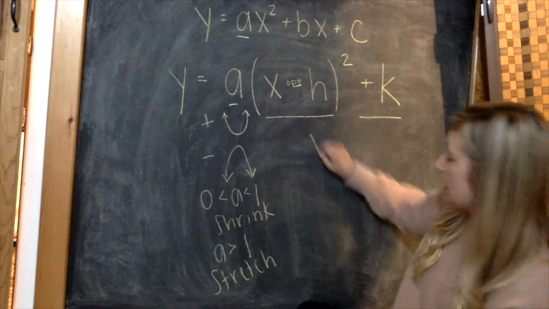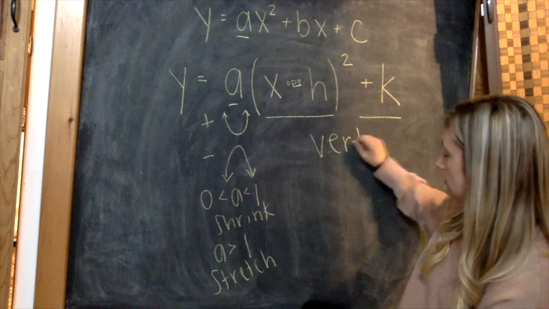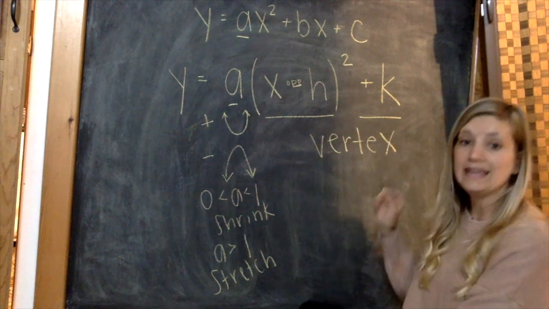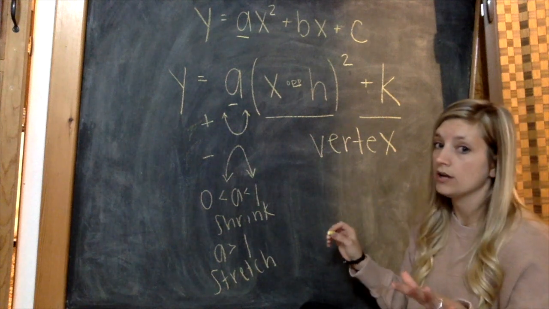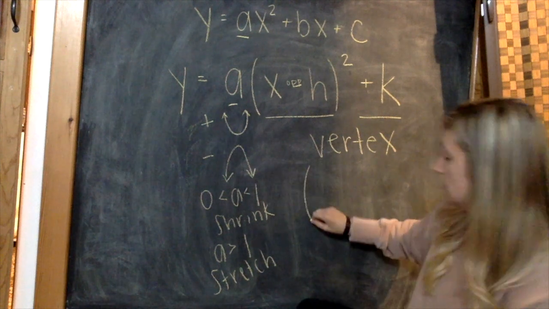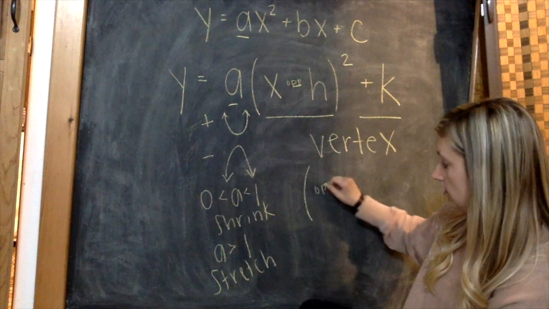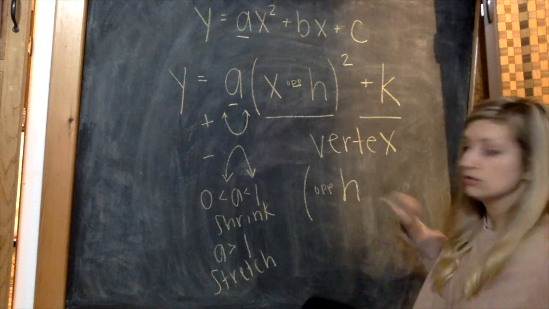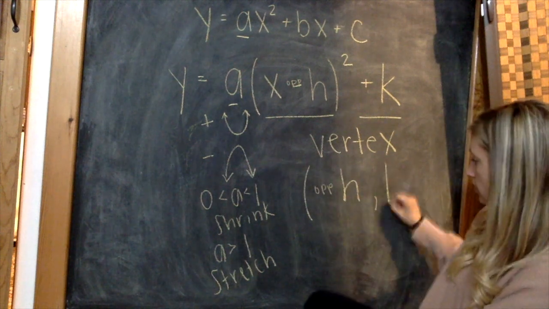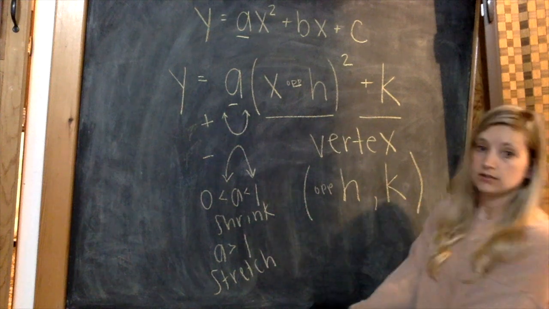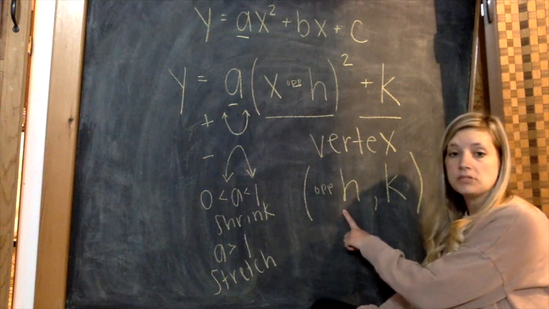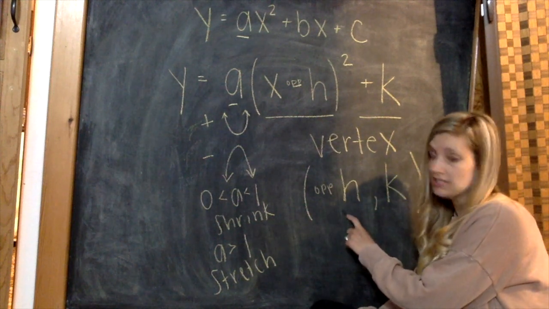So your vertex is, every time, no matter what, guys, your vertex is opposite h, comma, k. This is going to represent your axis of symmetry still.